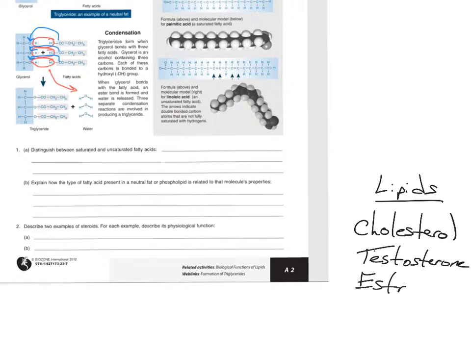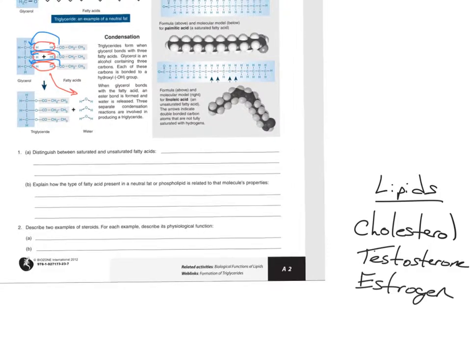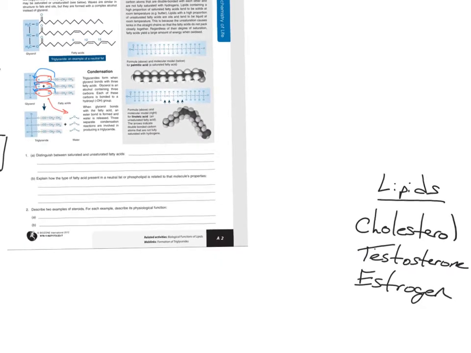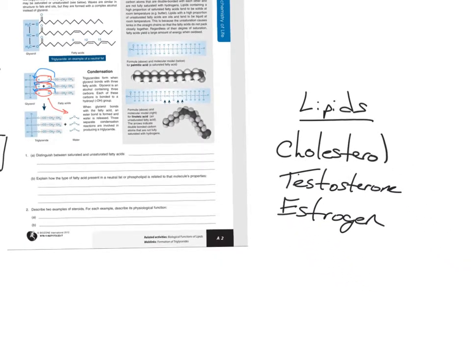I'm not going to draw it for you. I'm not going to have you memorize the structure. Cholesterol is a double ring structure. Actually, testosterone and cholesterol have similar structures. They're ring structures, almost like purines or pyrimidines, but they don't have nitrogen in them. They're made of mostly what? Carbon and hydrogen. Not nearly as much oxygen or other things. Are we good?